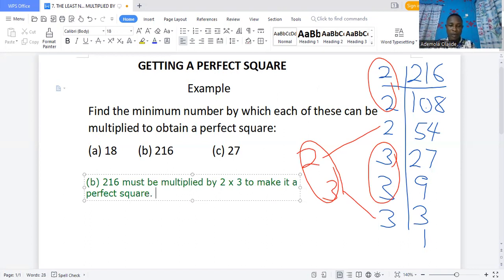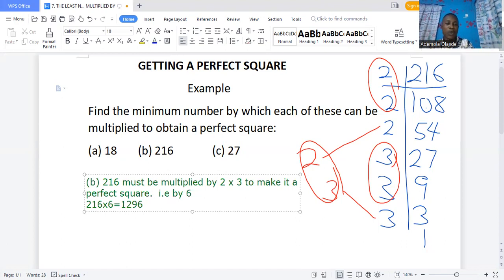So that means it must be multiplied by 6. So if you say 216 multiplied by 6, you are going to get 1,296.